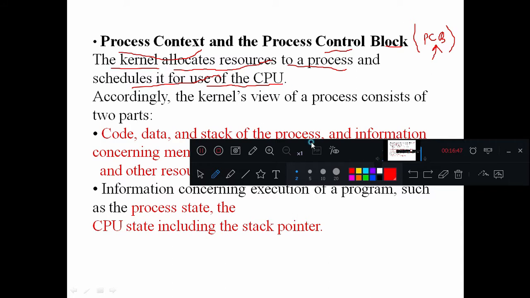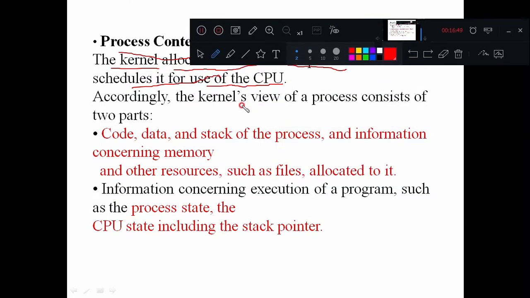Accordingly, the kernel's view of a process consists of two parts. Once that particular process is scheduled for its execution, the kernel's view of that process consists of two parts.